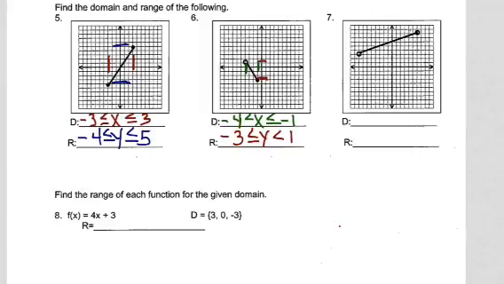Now, working with number 7, from left to right, we've got a negative 8 and a positive 6.